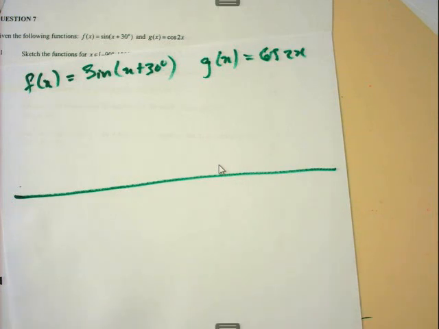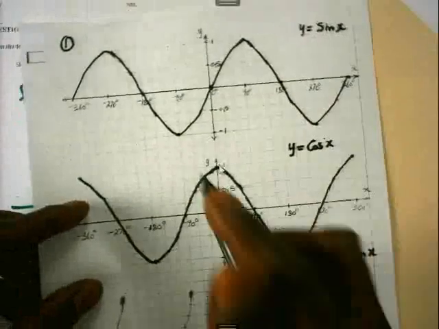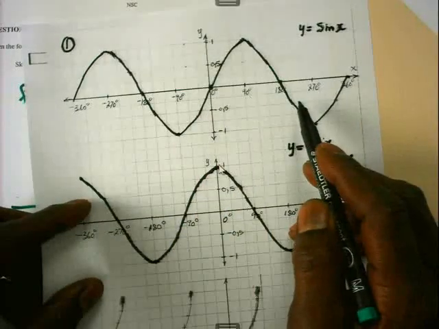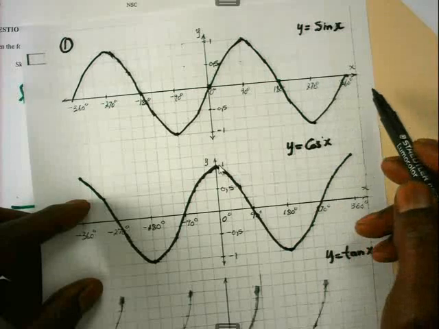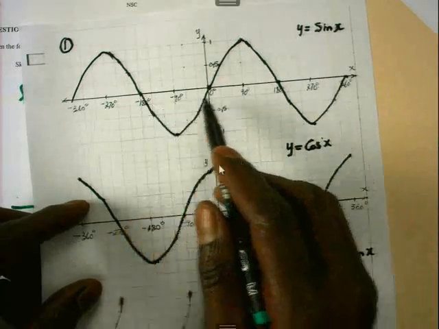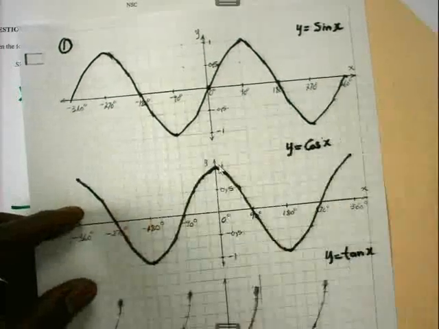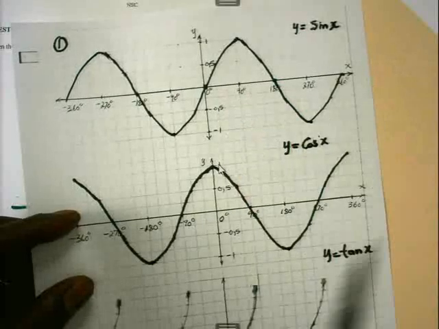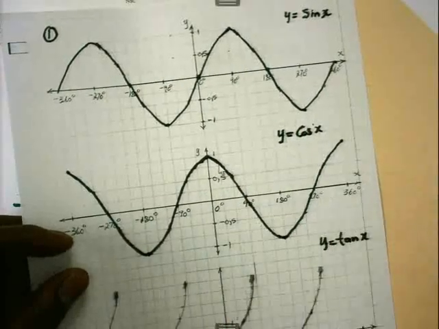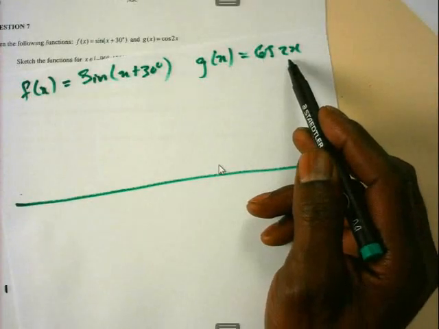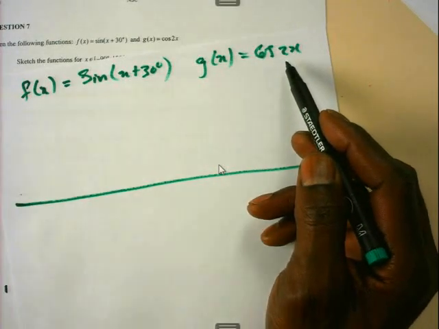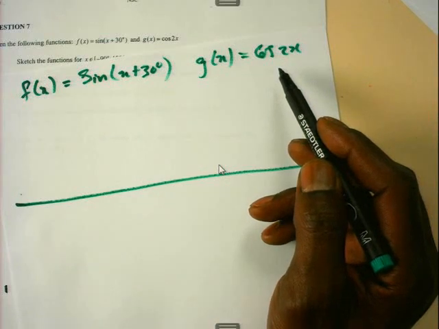The original graph, we used the scale of 0, 90, 180, 270, 360. So we use multiples of 90 to draw the mother function of the graph of sine as well as the graph of cosine. But now here we are restricted by this 2 to make another scale.